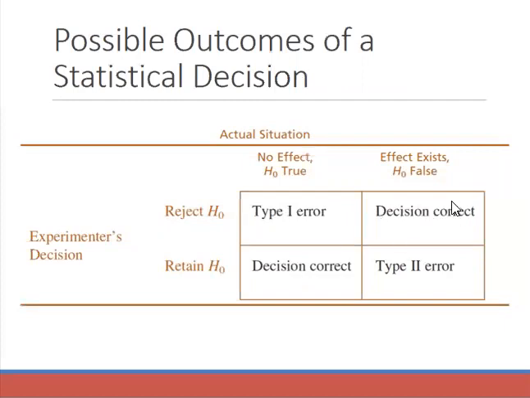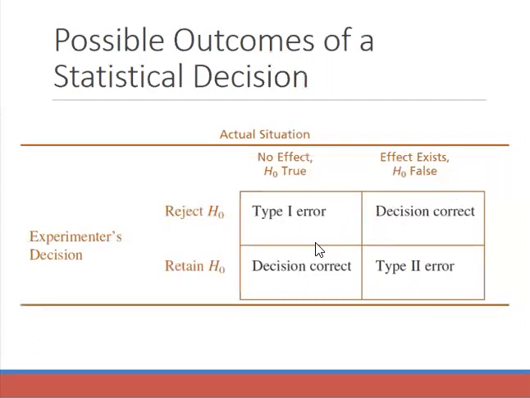The second possible correct choice is that we decide this mean falls way in the critical region. There's no way that this can possibly be true if the null hypothesis were true, so we reject the null hypothesis. And the reality is that, in fact, the null hypothesis is not true, there is a difference. Okay, so 2 possible correct decisions, but there are also 2 possible incorrect decisions.